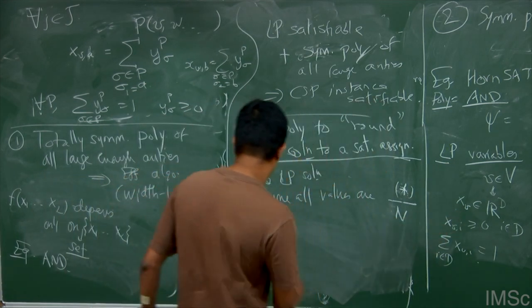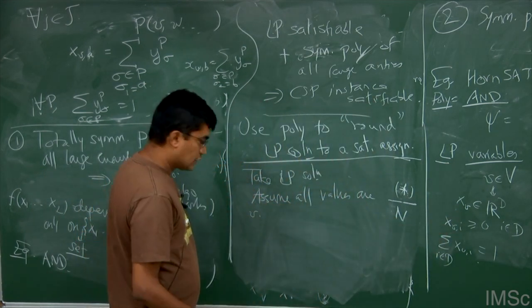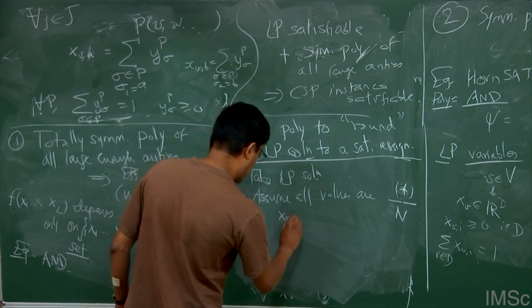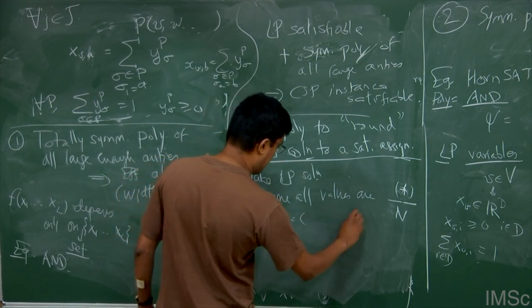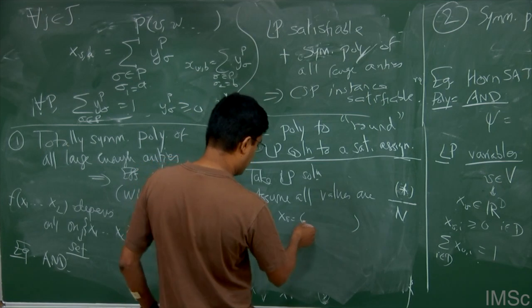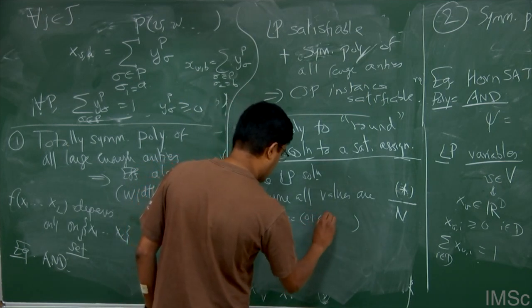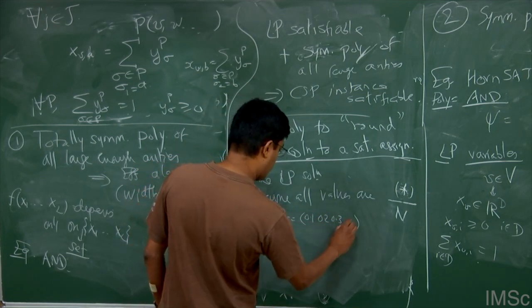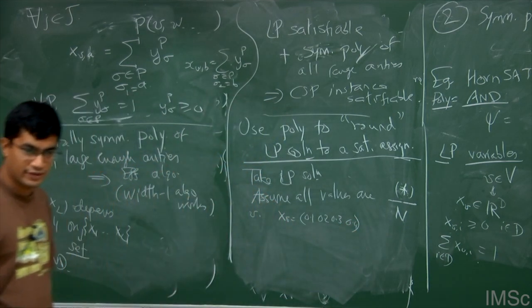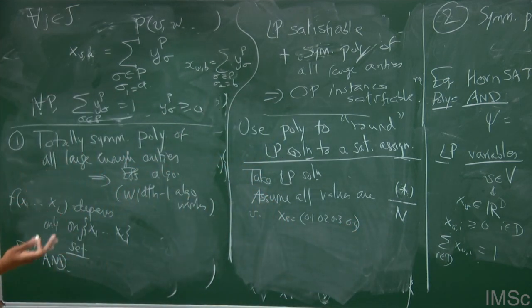Suppose you have a variable v here. So we have this frequency vector. Let's just take some example, d to be 4. So it's going to have some frequency vector 0.1, 0.2, 0.3, 0.4. Hopefully they add up to 1. Okay. So this is like a frequency vector for that.